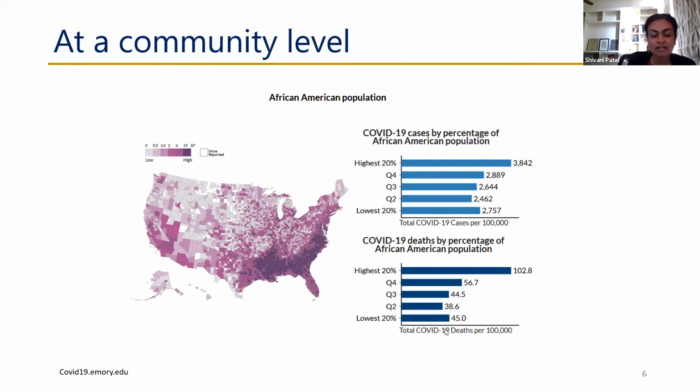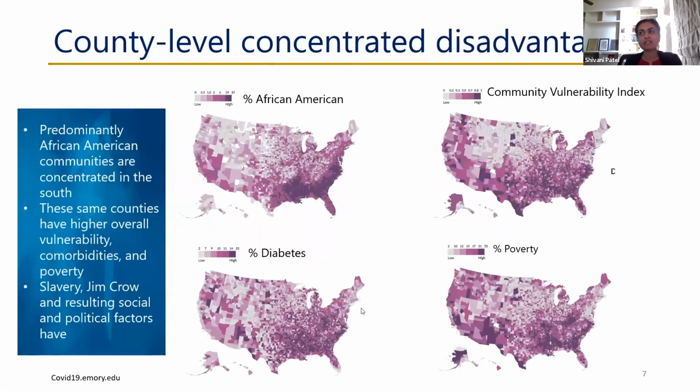So this is an ecological analysis, and one of the concerns that we have with ecological analyses is that it's difficult to disentangle multiple things that might be happening at an area level. And I am using the term county level concentrated disadvantage to describe some of what we might be seeing in those African American counties.